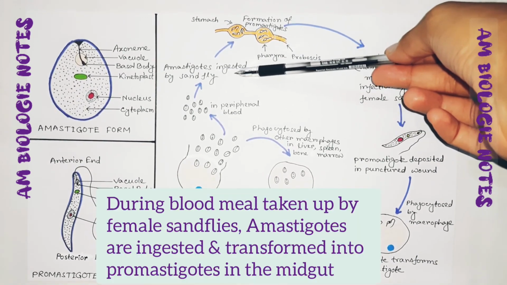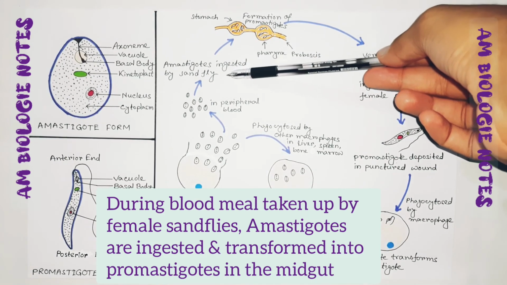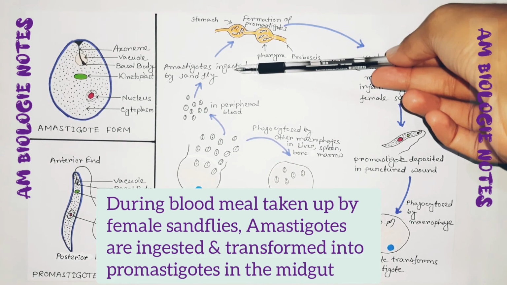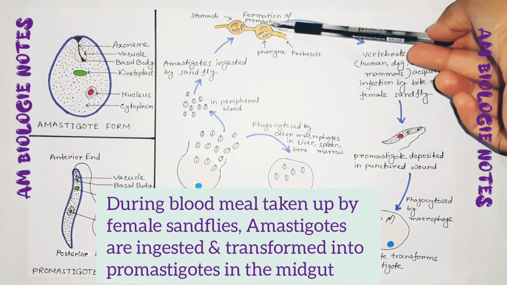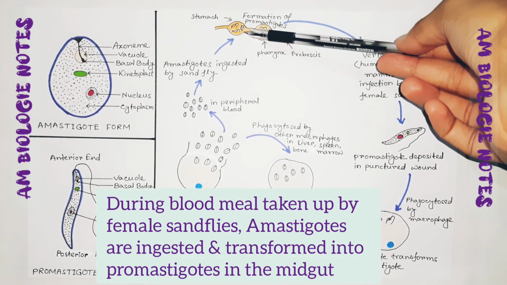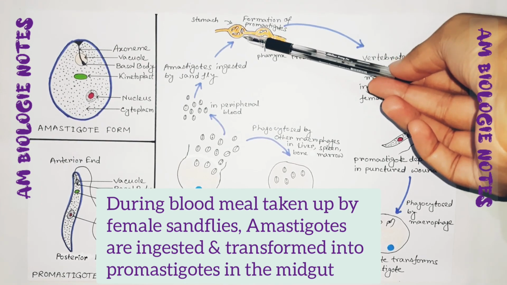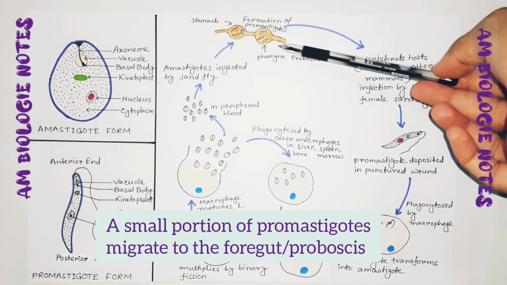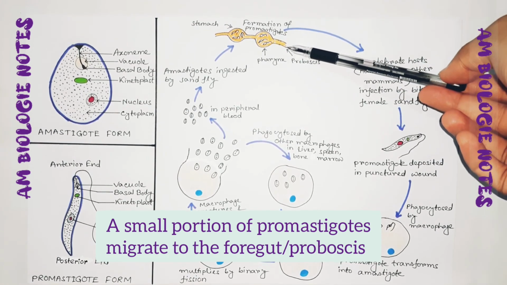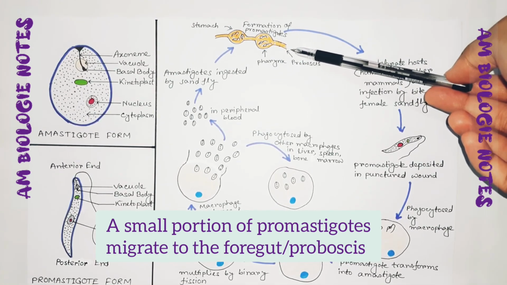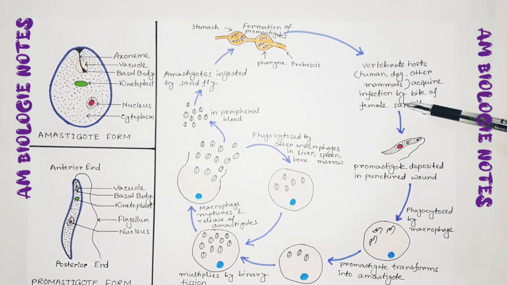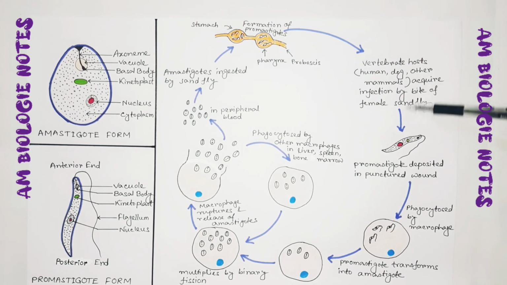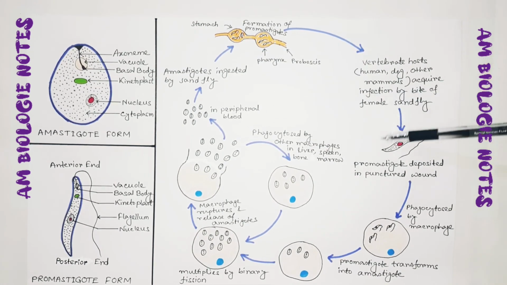Now, during the blood meal taken by the female sandfly, the amastigotes are ingested and transformed into promastigote forms in the insect midgut. A small portion of promastigote forms migrate to the foregut or proboscis. Then again, they infect a new host during another blood meal and the cycle continues.